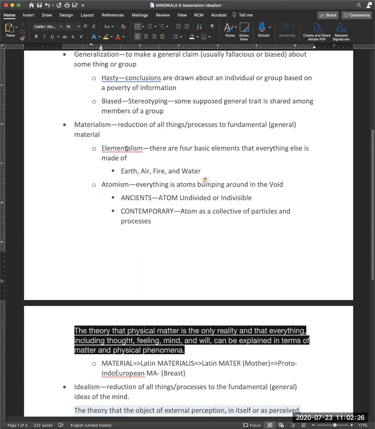You look at Plato, Aristotle, who are following the works of people like Empedocles, who was a thinker that posited that everything is made of four basic elements. Right? There are four basic elements everything else is made of.